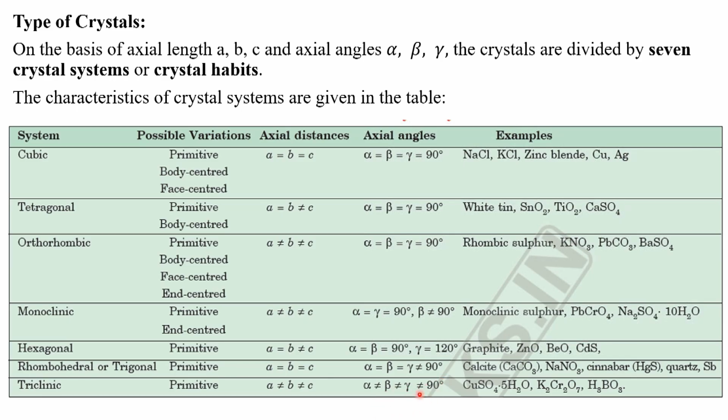The basic difference between orthorhombic and triclinic: in orthorhombic, axial distances are not equal like triclinic, but the axial angles are equal, while for triclinic all angles are different and not equal to 90 degrees. So this is the difference between orthorhombic and triclinic.